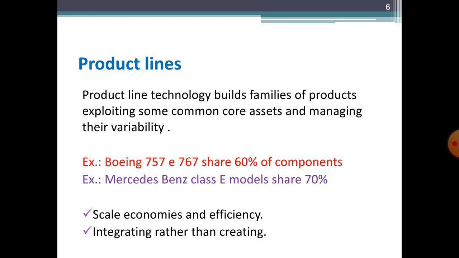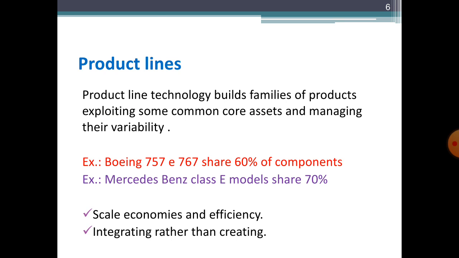So these are two very famous examples of product lines. The Boeing avionics company built the 757 and 767, two different planes that share 60% of components because of their product line, and the Mercedes-Benz E-Class model shares 70% of its architecture, components, etc. So you can see two companies, one from avionics and the second from automobiles, Boeing and Mercedes.